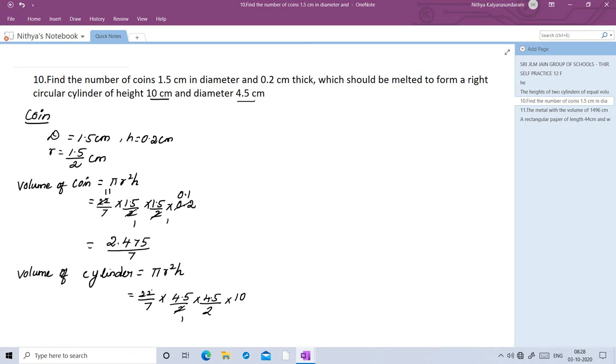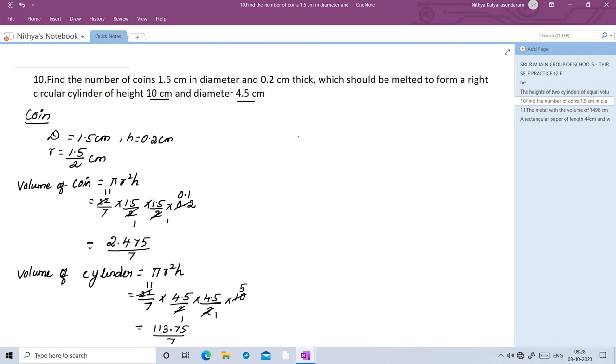So 2 table 1s are 11, again 2 table 1s are 5. So multiply 11 into 4.5 into 4.5 into 5. Multiply only the numerator numbers, you will get 113.75 divided by 7.